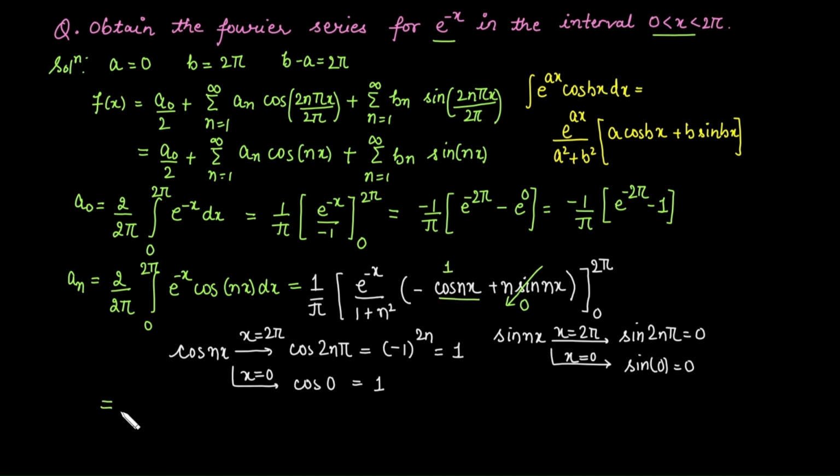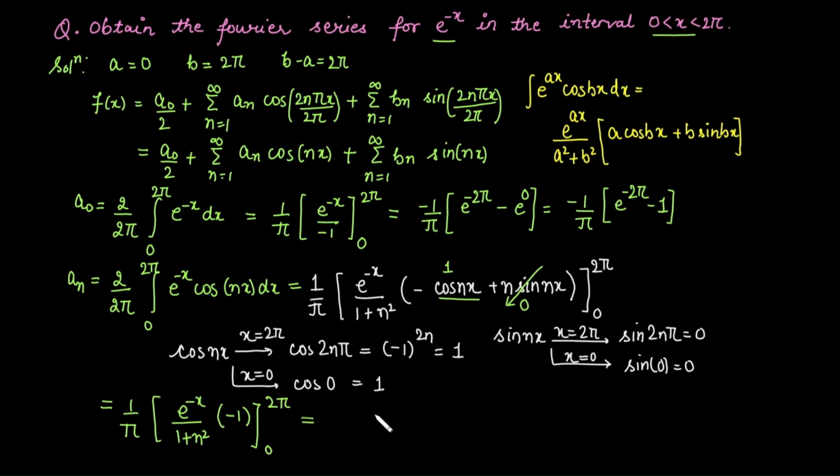So this implies 1 upon pi, e raised to power minus x upon 1 plus n square into minus 1. This is 0. Limits are 0 to 2 pi.